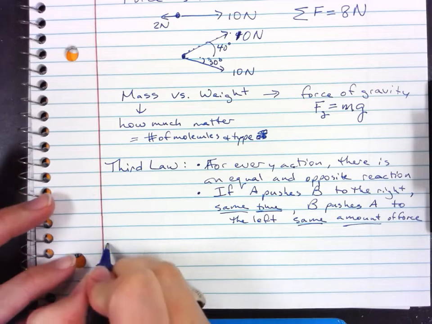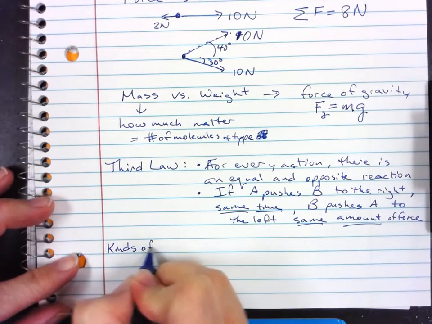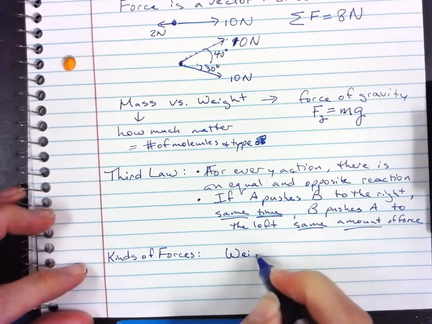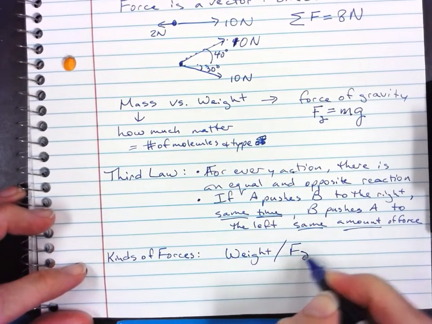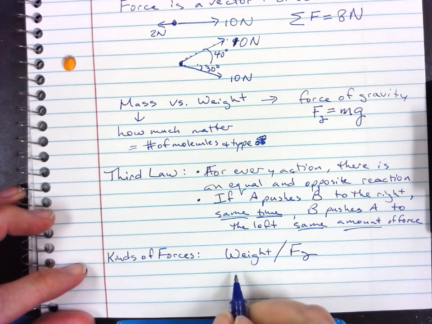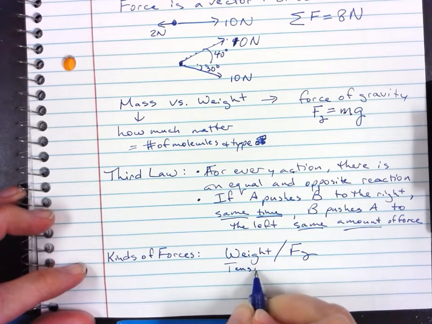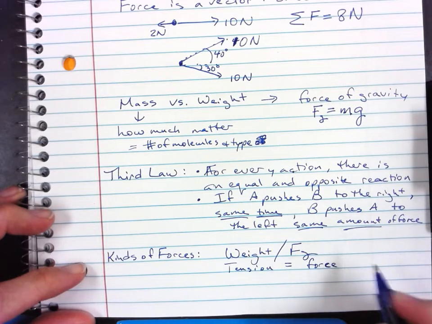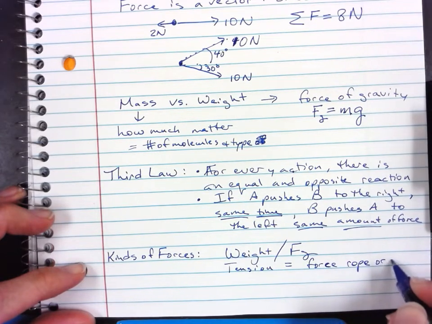There are a bunch of different kinds of forces, so I want to remind you of their names. We've already covered weight, which is the same as the force of gravity. We also have tension, which is the force by a rope or a cable.